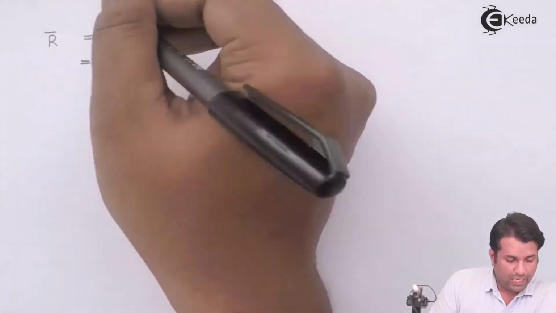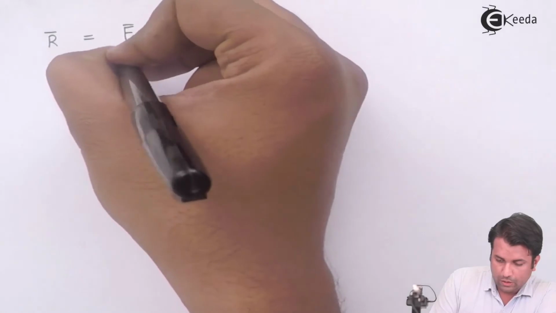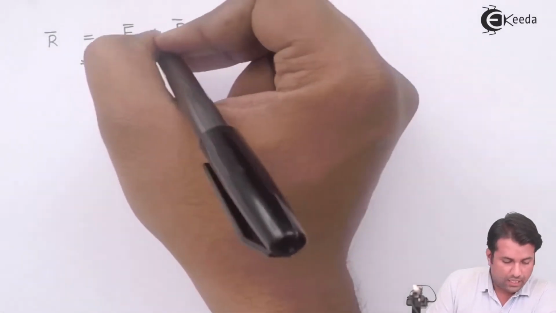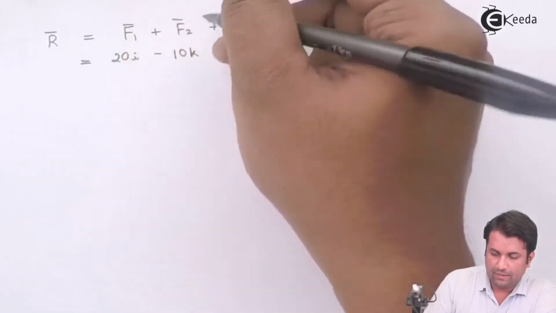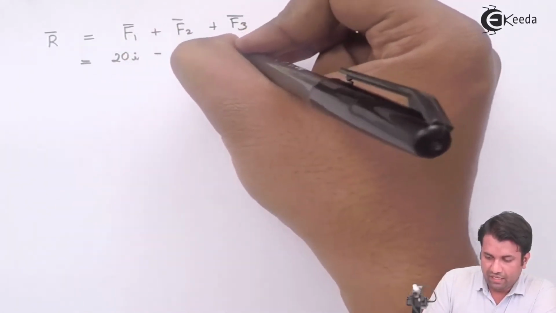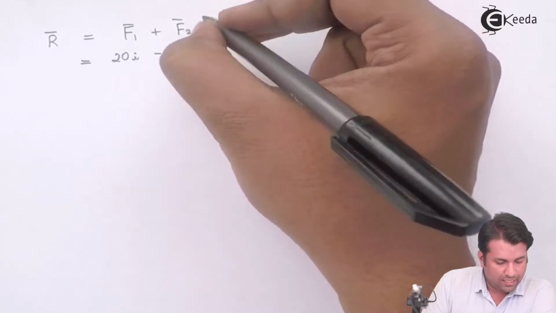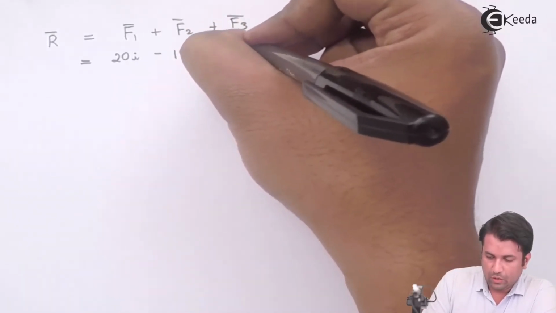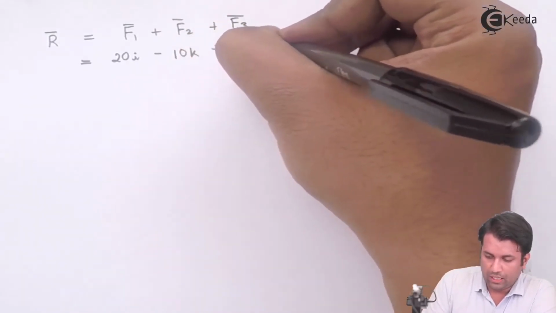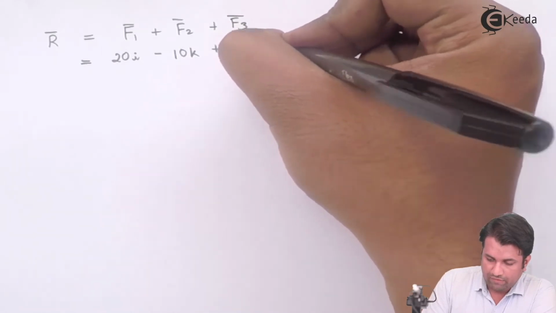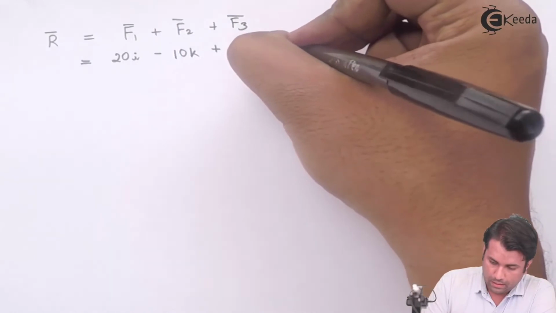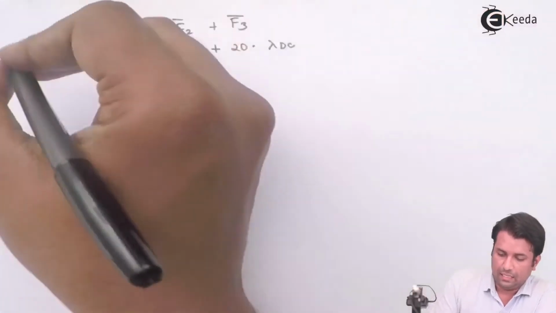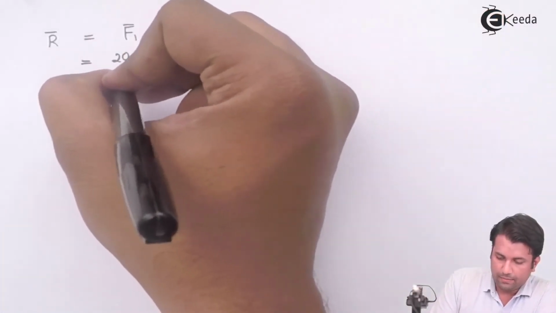F1, we know, is 20 i and F2 is minus 10 k. F3 will be the magnitude, given to us as 20, multiplied by the unit vector along DC.